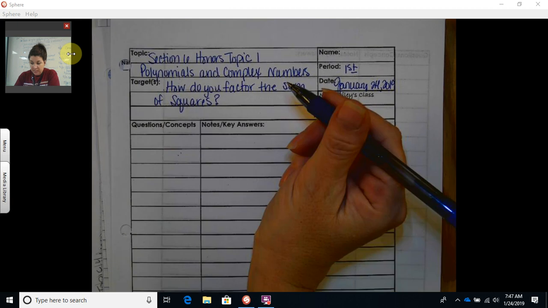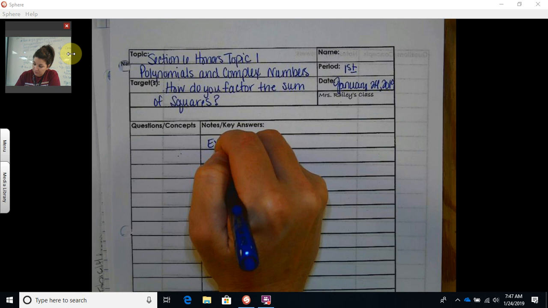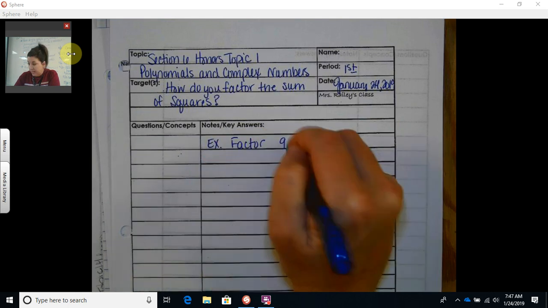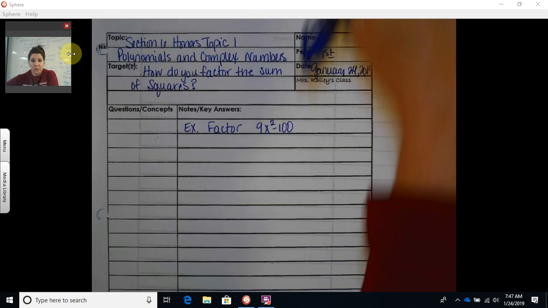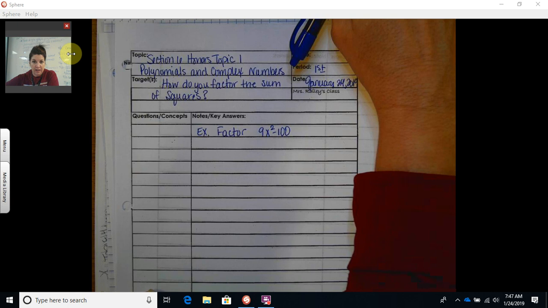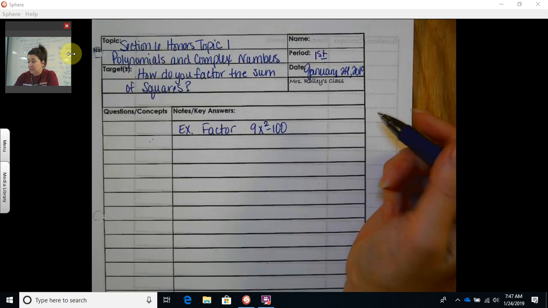So, for example, if we were to factor 9x squared minus 100, we know that's a perfect square minus a perfect square, and we know how to factor that. But recall, if you don't know how to factor it, it has an identity.